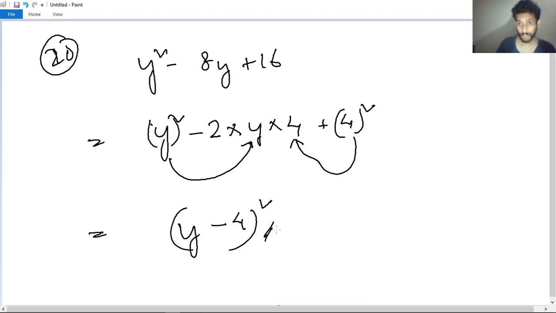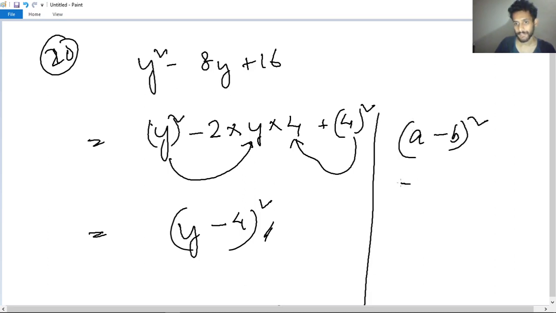Now one more thing you have to understand. A minus b whole square is equal to b minus a whole square. This is the same thing.